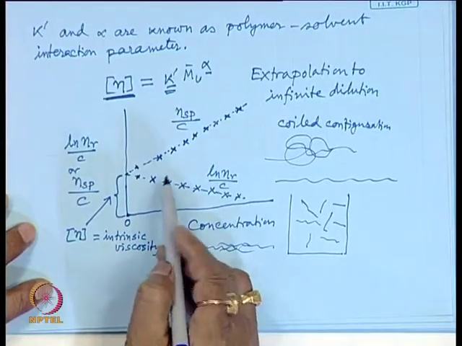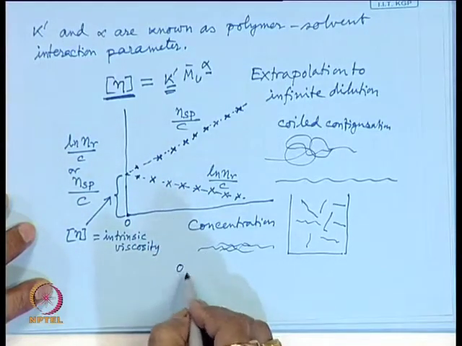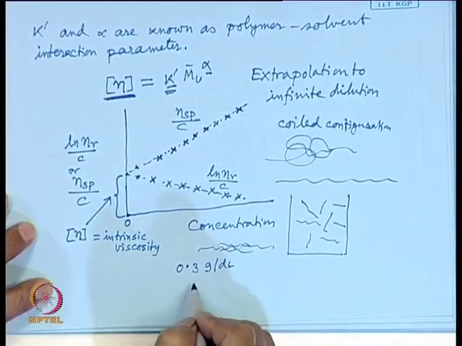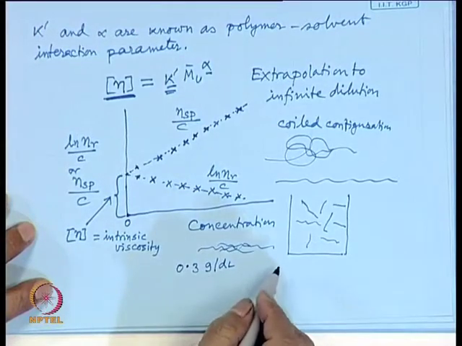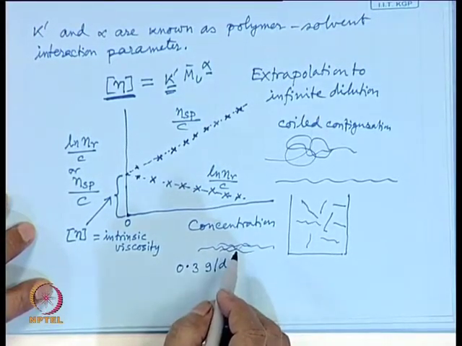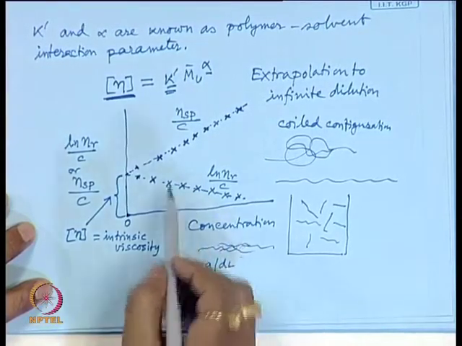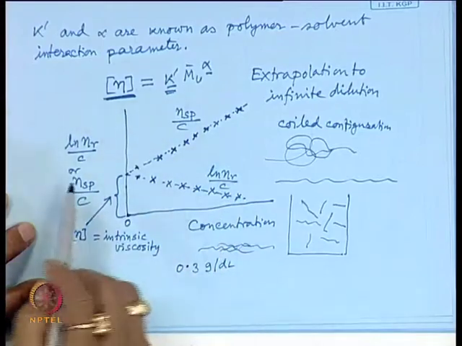Whereas, you have to start with probably 0.3 grams per deciliter and onwards, 0.3, 0.5, 1, 2, 3, 4 grams per deciliter like this, then only you can get this kind of curve.